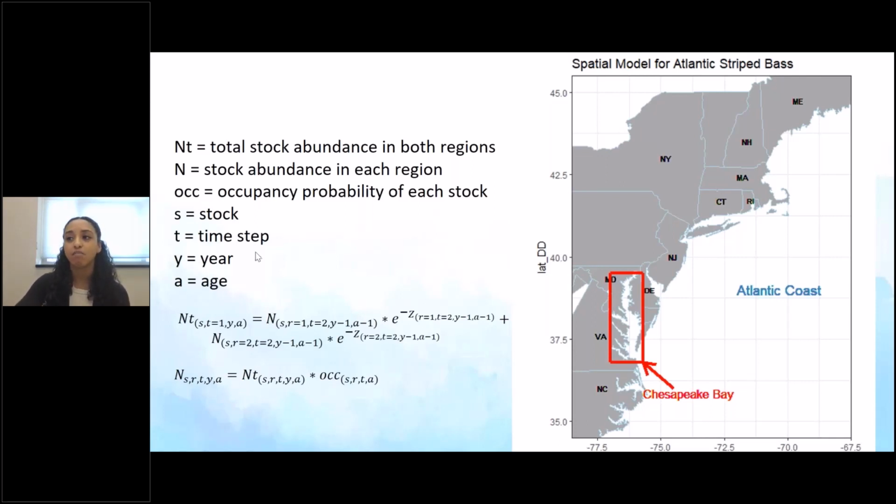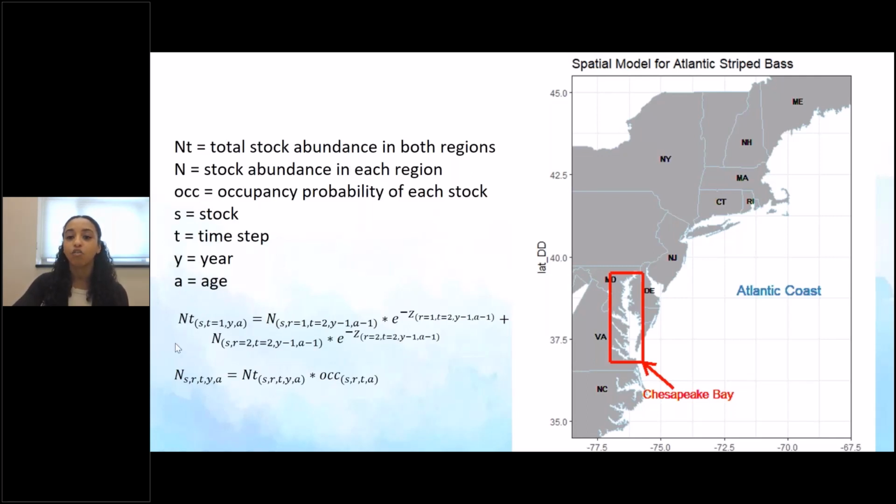Mathematically, this looks like these equations. In our model, we're keeping track of both the total stock abundance for the combined spatial regions, which we're calling NT here, and abundance for each stock in the specific spatial regions, which we're calling N.